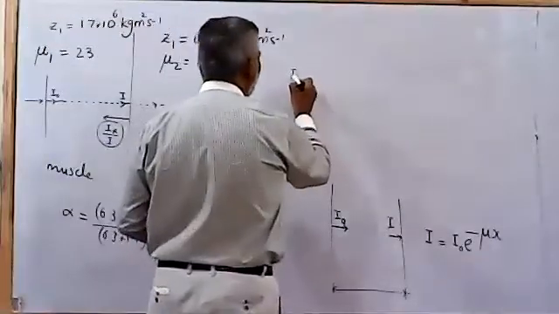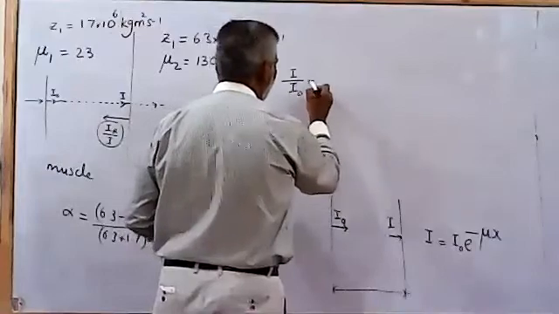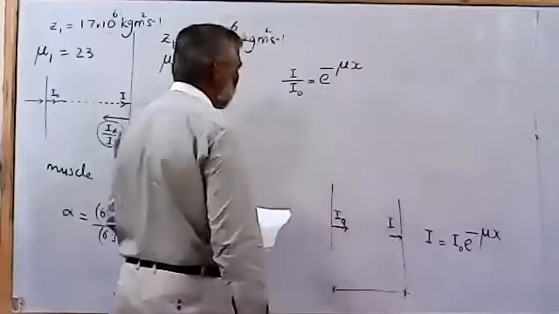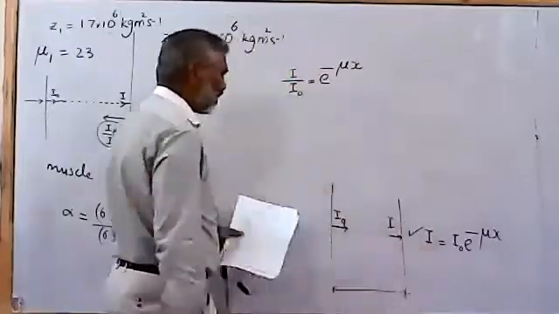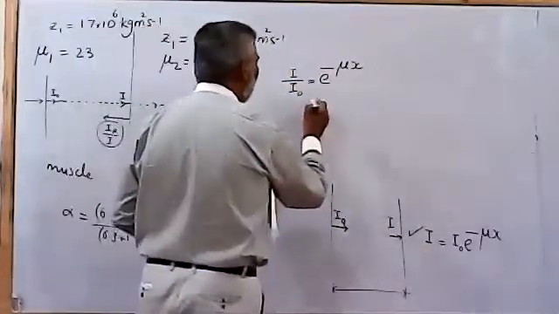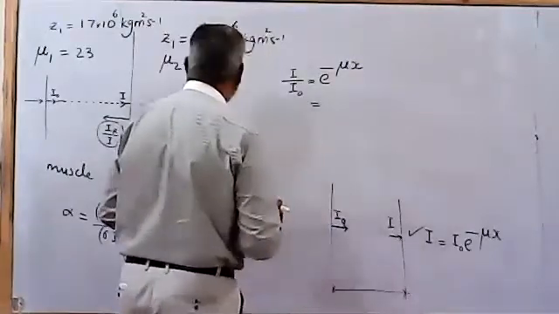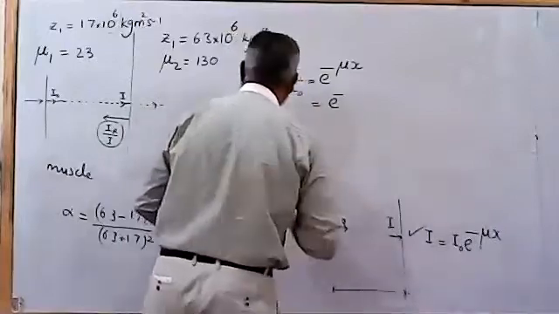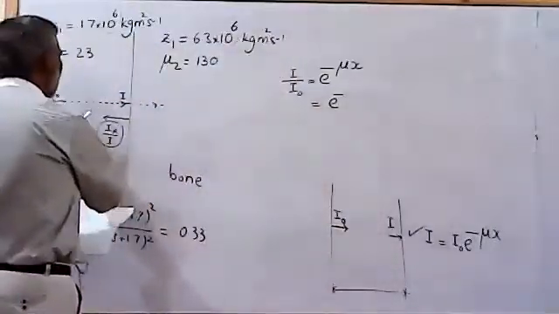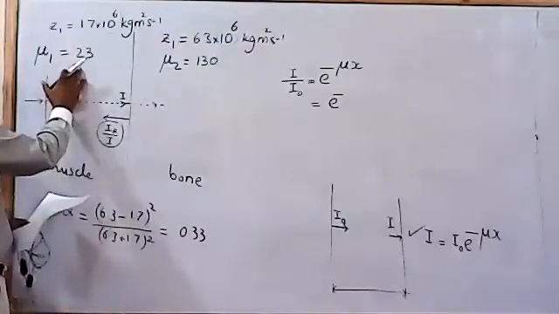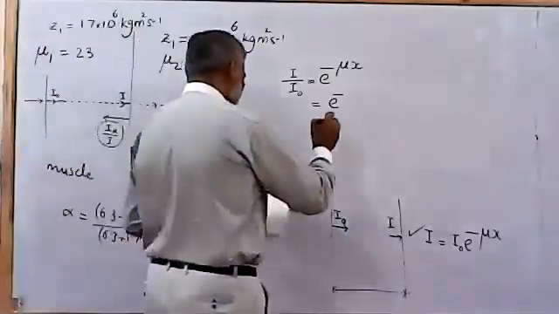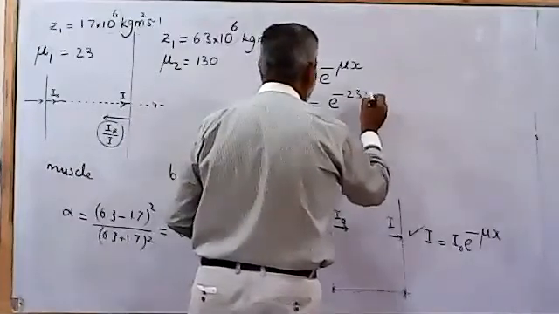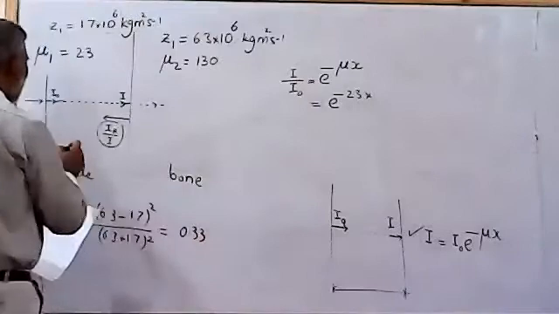So I over I naught is equal to e to the minus mu x. So basically this is the formula that I have written in this form. So the fraction of the intensity that arrives here is e to the minus, now mu will be, of course, of this medium, which is 23, multiplied by x, which is given in the question.